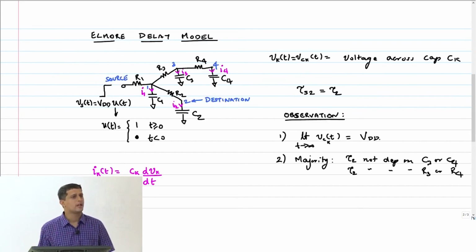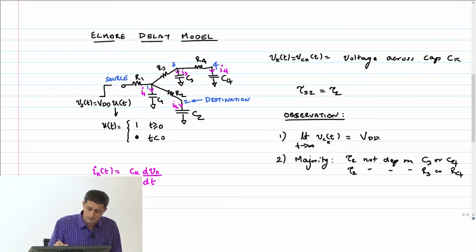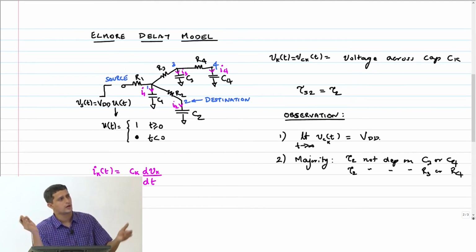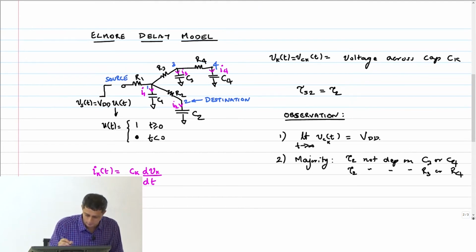So can we write KVL between the source node and the destination node? First of all, what is the current that is flowing through R1? Sum of all the currents, right? You apply KCL at node 1, basically all the currents are just going to add there, and therefore this current is I equals summation of Ik.